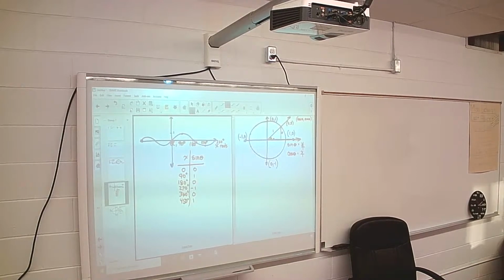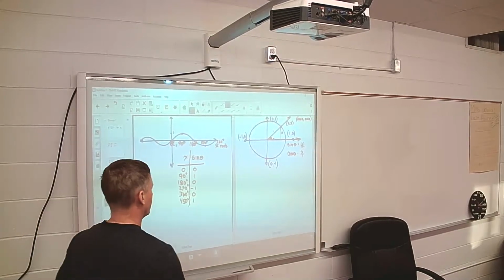Now, first thing that we need to know, period. What is the period of this function? The period is how long does it take for this to repeat? Now, I did mess this up a little bit. I shouldn't have done it in degrees, but whatever. We did it. What is the period of this function? How long does it take for the sine graph to repeat itself? 360 degrees.